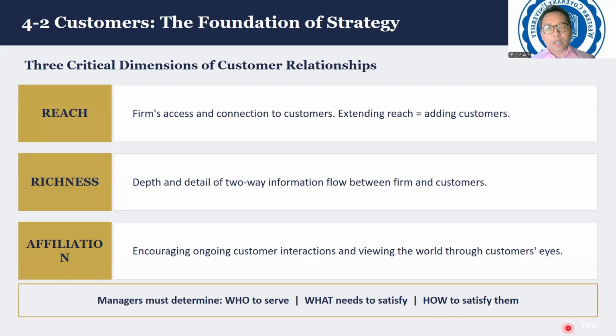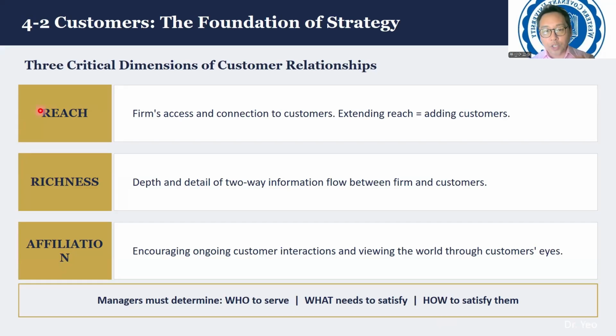So every business level strategy starts with one thing, which is the customer. Not the product, not the technology, the customer. Firms that consistently outperform rivals do 3 things extremely well when it comes to customers.